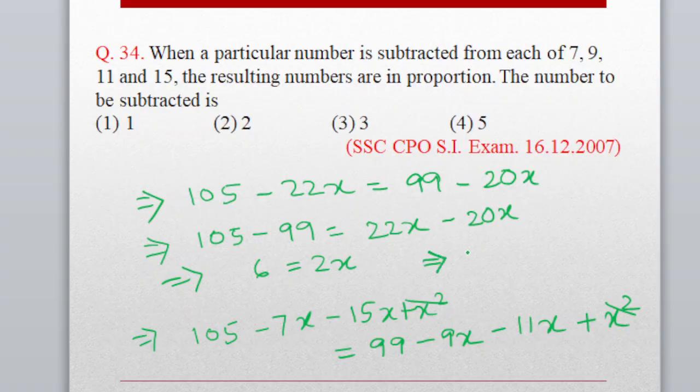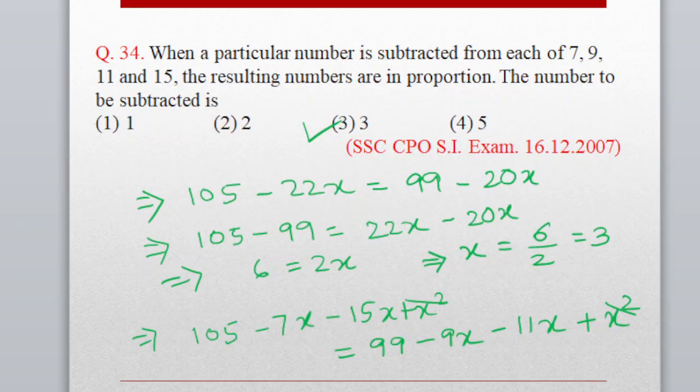This implies x is equal to 6 by 2, so that is equal to 3. That means if we are subtracting 3 from each number, then we will get these numbers in proportion.